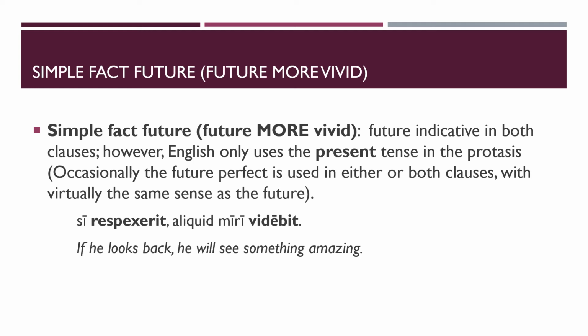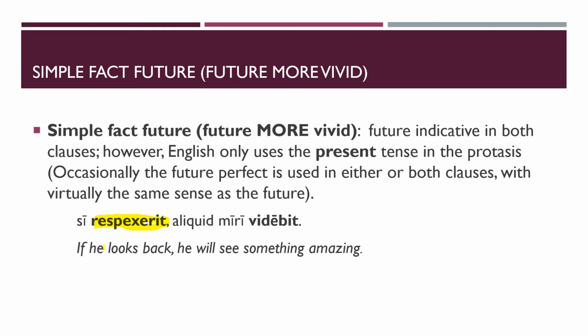And by the way, sometimes this is called the future more vivid condition because it corresponds to the subjunctive future less vivid. But future or future perfect tenses. So in fact, this right here is future perfect.